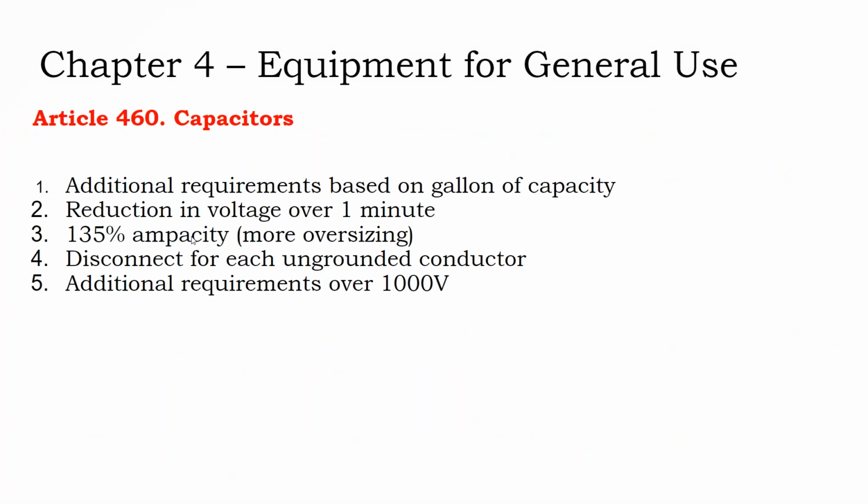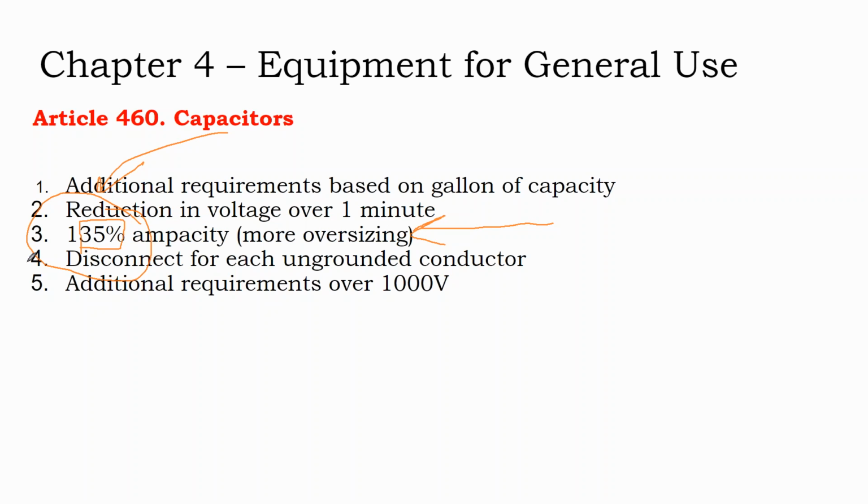And there's a section on code on capacitors. Capacitors are super expensive, way more expensive than batteries, and that's why we use batteries instead of capacitors. But capacitors can be charged and discharged much more quickly than traditional batteries, and we see that they're saying, well, these things are so powerful that we're going to require you to have above the typical oversizing.